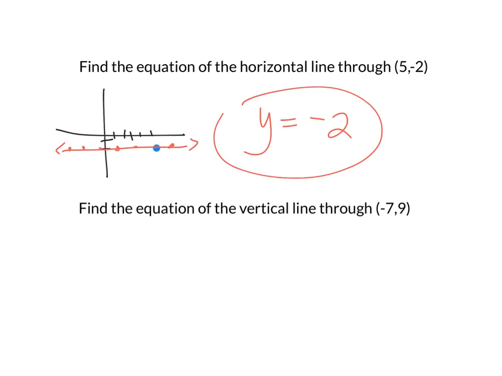Conversely, we have: write the equation of the vertical line through (-7, 9). Same thing again, I'm going to draw it out. -7, 9. 1, 2, 3, 4, 5, 6, 7. 1, 2, 3, 4, 5, 6, 7, 8, 9. Okay, so now we have a point right here, (-7, 9). We're now drawing a vertical line.